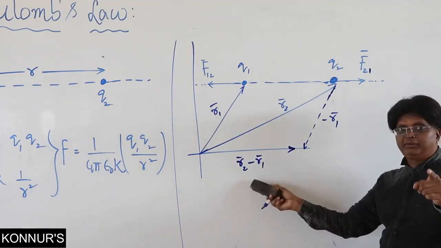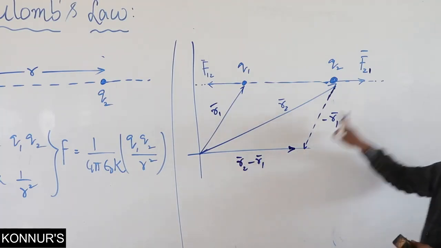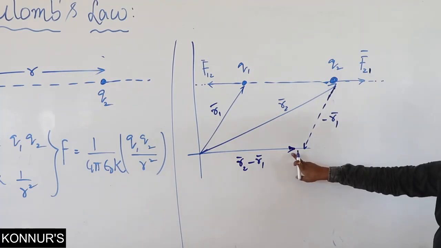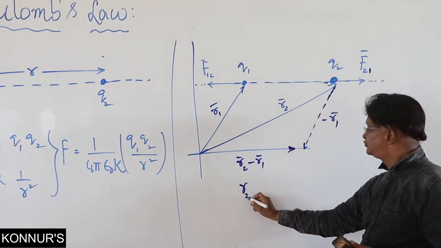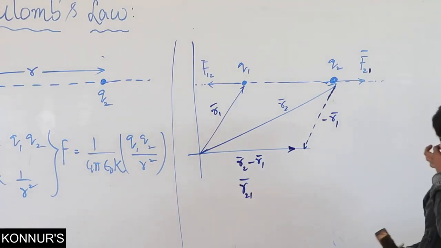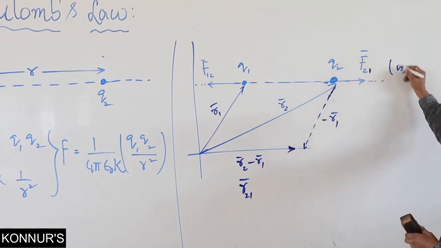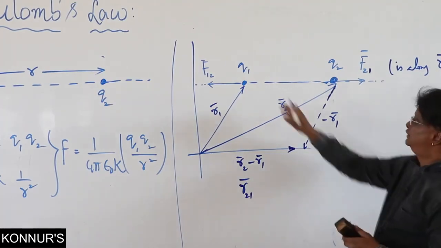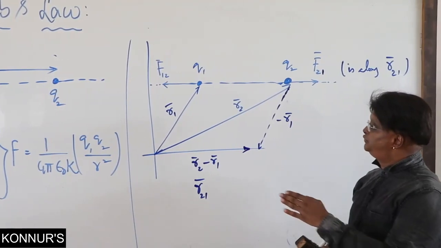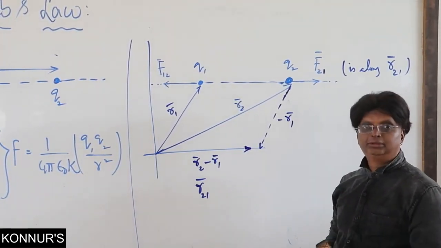Now why do we need this vector? See here, this R2 bar minus R1 bar vector, F21 bar is parallel to R2 bar minus R1 bar, which we call R21 bar. Therefore now I will write F21 bar is along R21 bar. Similarly, F12 bar will be a vector along R12 bar.